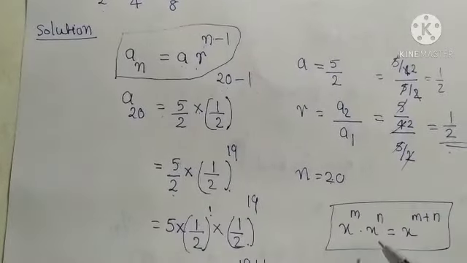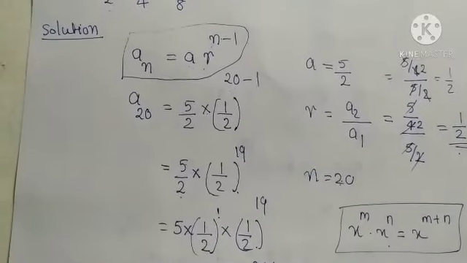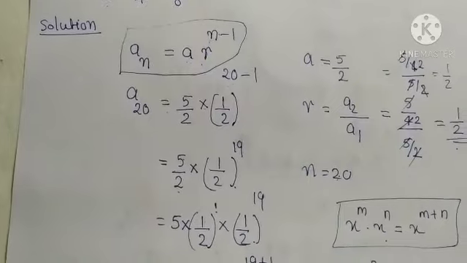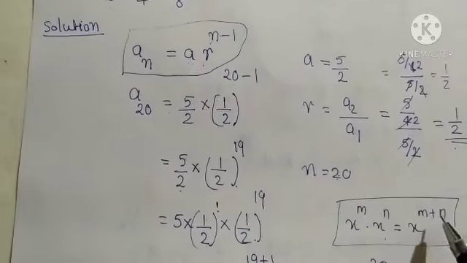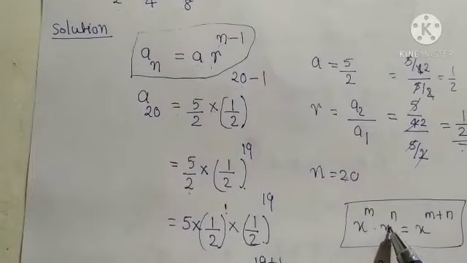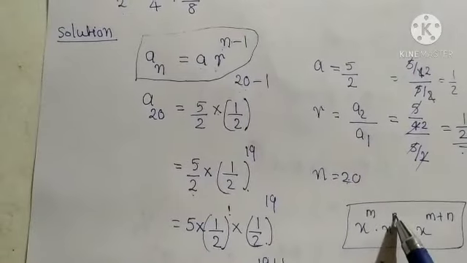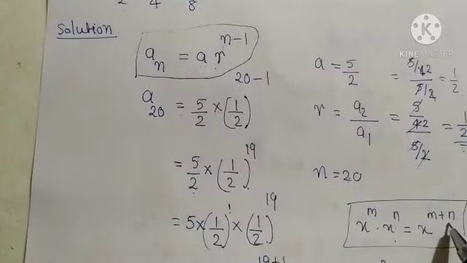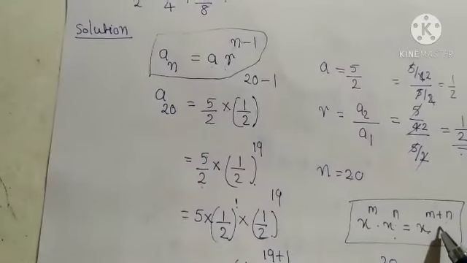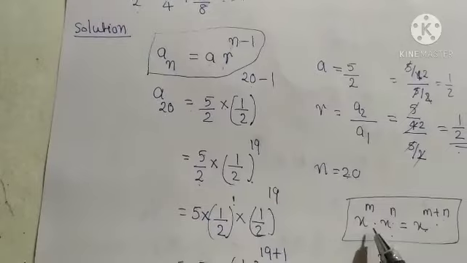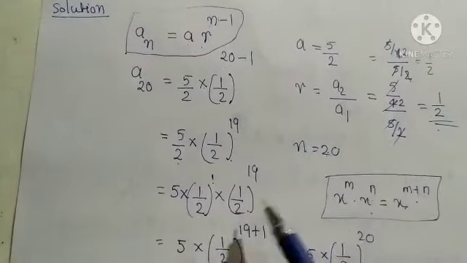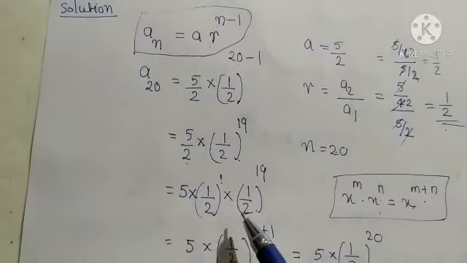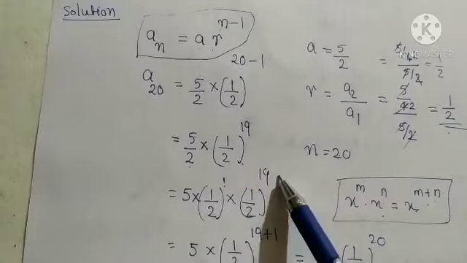So using the law of exponents, x raised to m into x raised to n is equal to x raised to m plus n. Note that the base is the same but the powers are different. So comparing this, here x is 1/2 and the powers are 1 and 19.